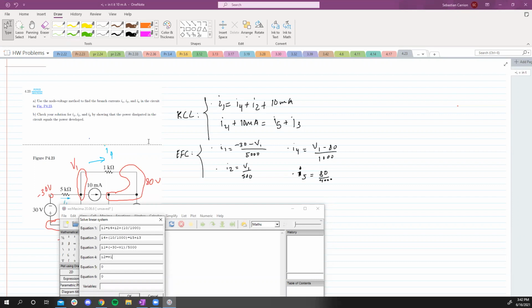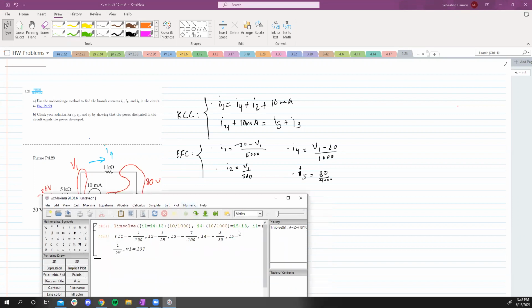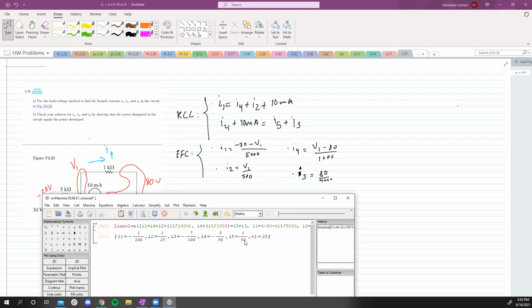I2 equals V1 over 500. I4 equals V1 minus 80 over 1,000. I5 equals 80 over 4,000. And we have I1, I2, I3, I4, I5, and then V1. Okay, so this is what we get. Simplifying this, we get something clean.